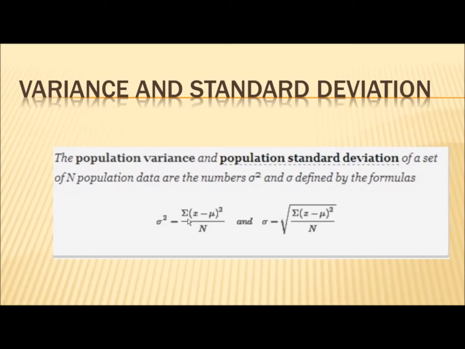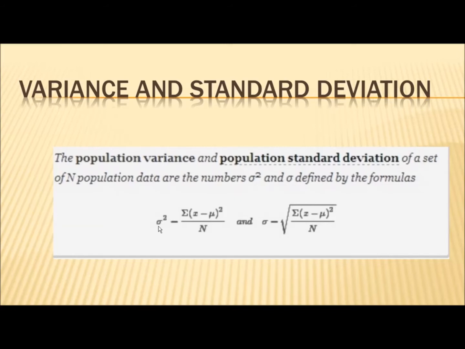The deviation is how different your measurement is from the mean. Then you divide by n, the total population, and you get sigma squared, which is called the population variance. You can also take the population standard deviation.